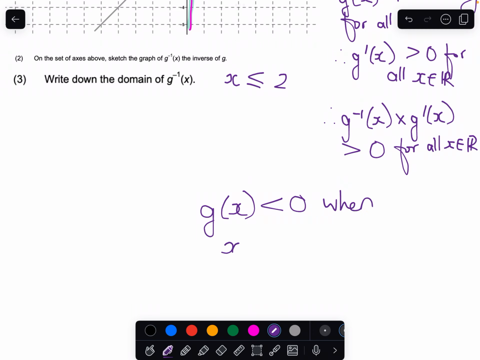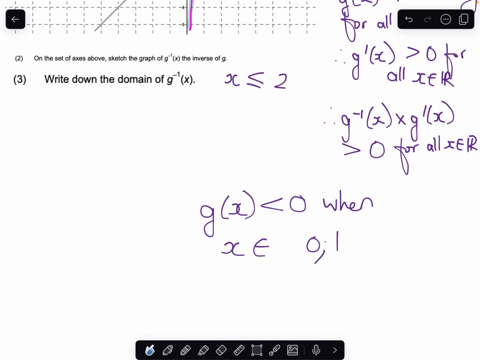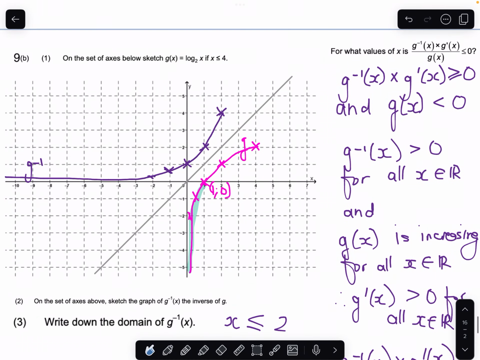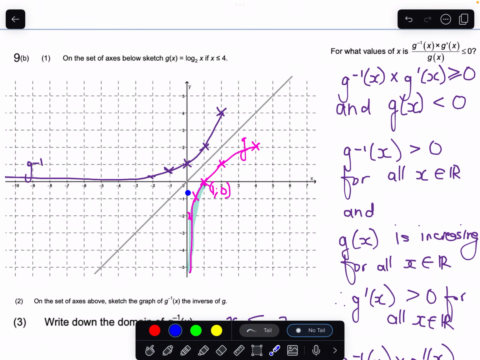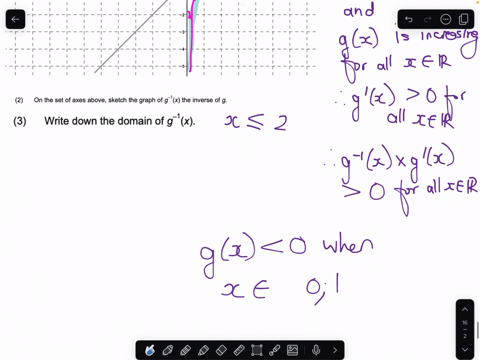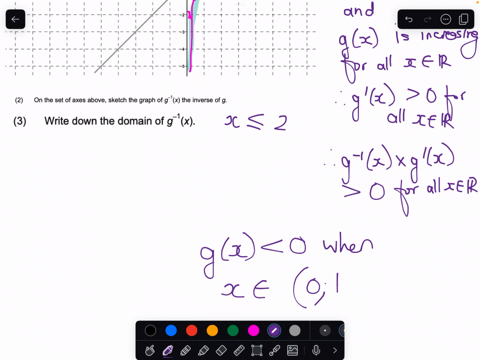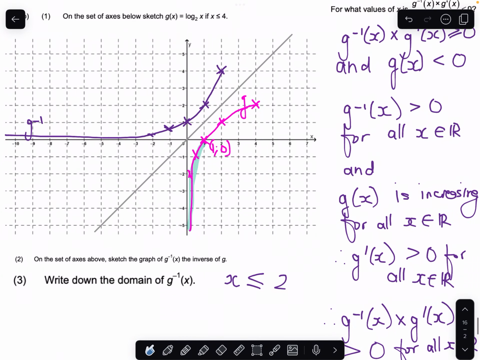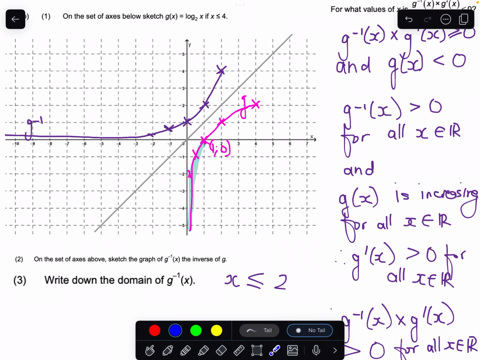Are we including our boundaries or not? When x is equal to 0, the function is not defined, so we're not going to include 0. And when x is equal to 1, the function is equal to 0, and we want g of x to be strictly negative, so we can't include the 1.